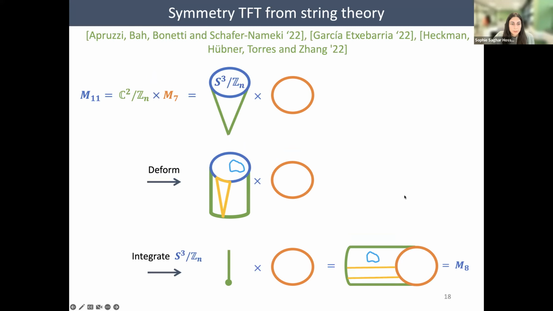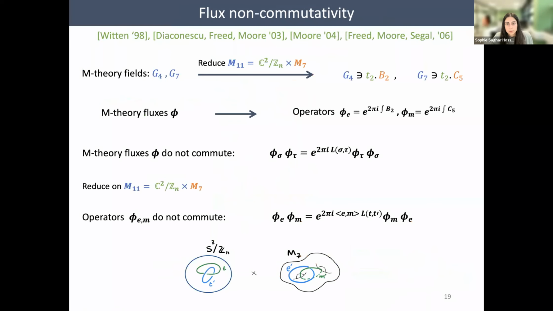So from the geometry, we can see that when we have branes wrapping cycles which are defined relative to the boundary, then these will become the ones that give us the defects. And when branes wrap cycles that are just defined on the boundary, these will give us the operators that generate the symmetry.